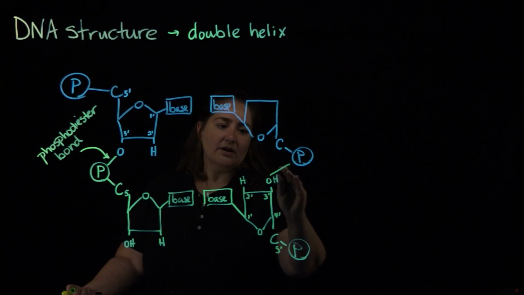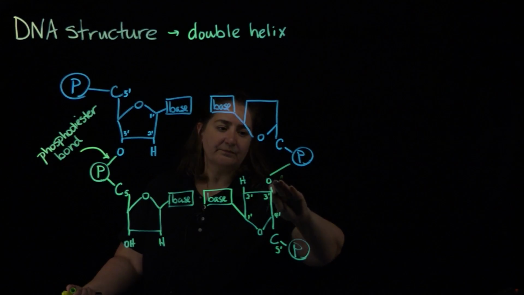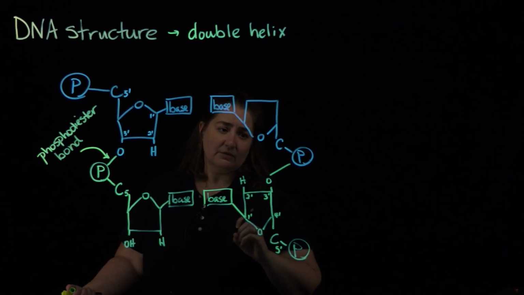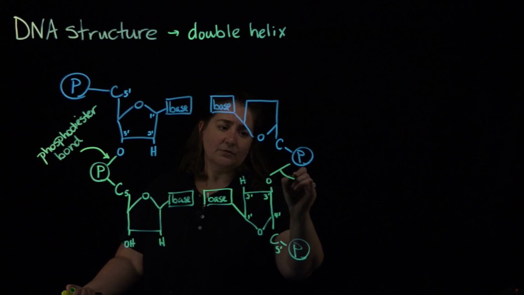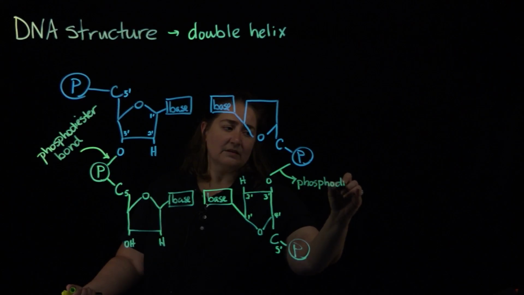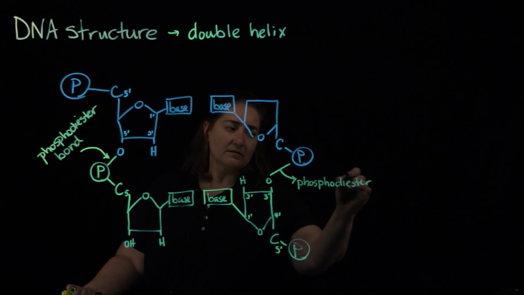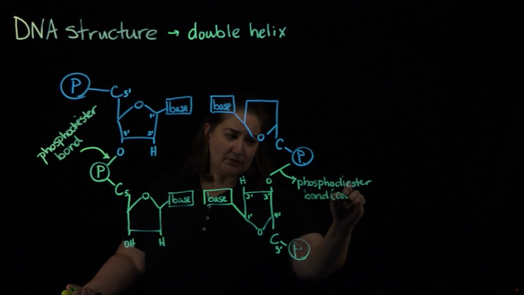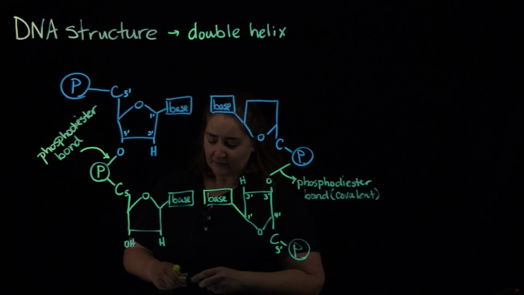And we're going to make a bond between the nucleotide here and here, okay? Again, this would be a phosphodiester bond, and our phosphodiester bond is a type of covalent bond, okay?